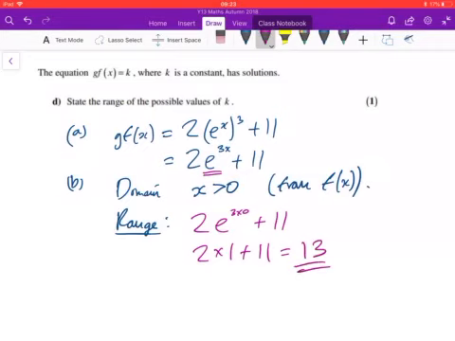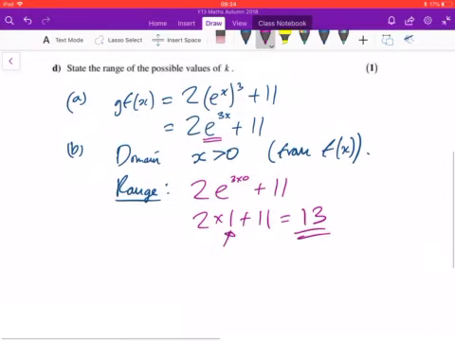It is impossible for e to the 3x to be less than 1. So the smallest this can be is 13. So to write this properly, this means that g of f of x must be more than 13. Can't be equal to, because x can't be 0. x has to be more than 0.